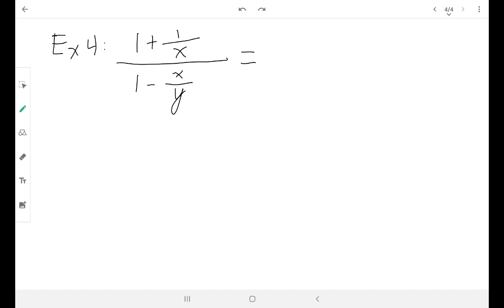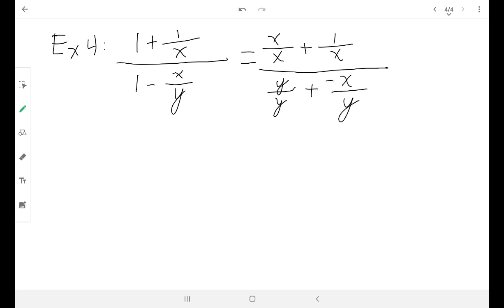So since that has a denominator of x, I'm going to call that 1x over x plus 1 over x, all of that over, and this bottom one right here I'll call y over y, since I have a denominator of y there, minus or plus negative x over y there.